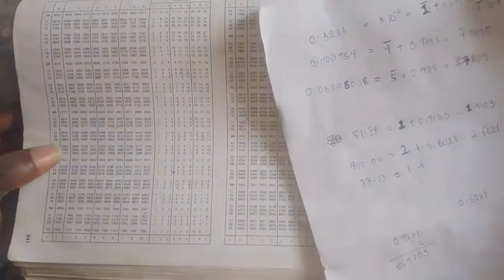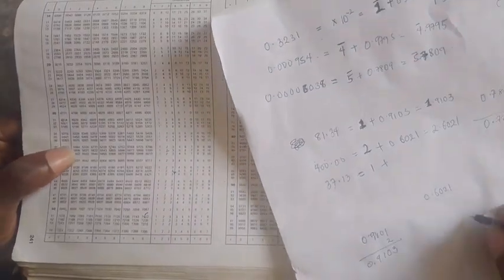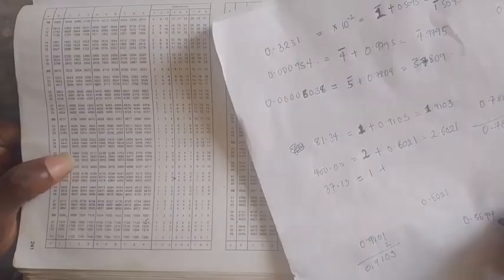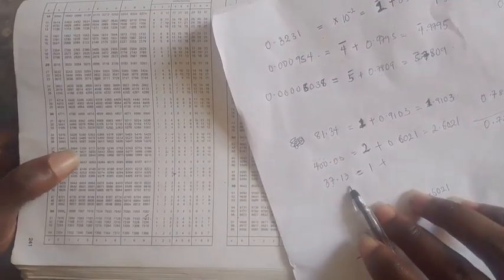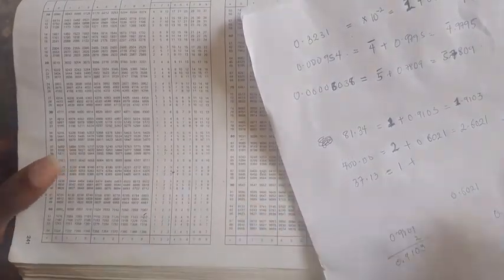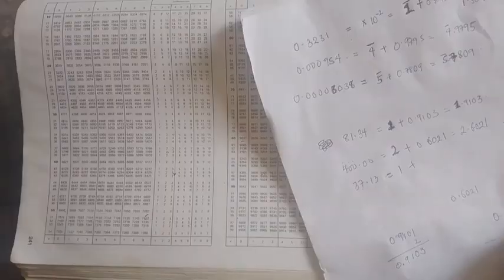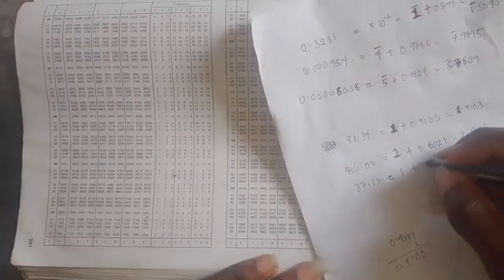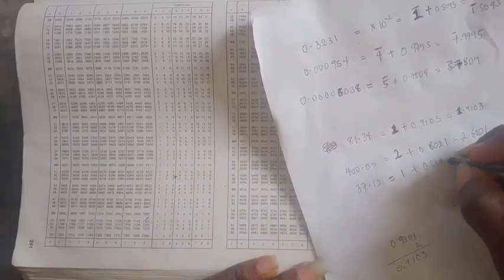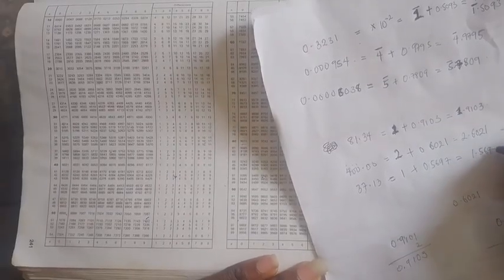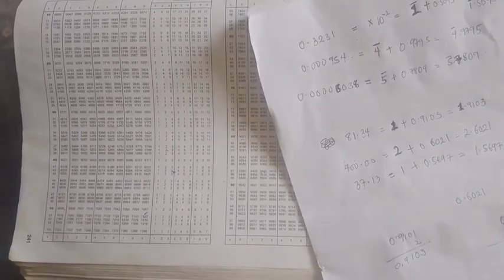We look at 37 under 1, which is 0.5694 with a difference of what? 3. 5694 with a difference of 3 gives us 0.5697. Now this will give us 1.5697.